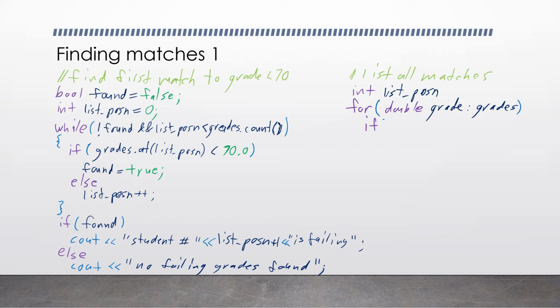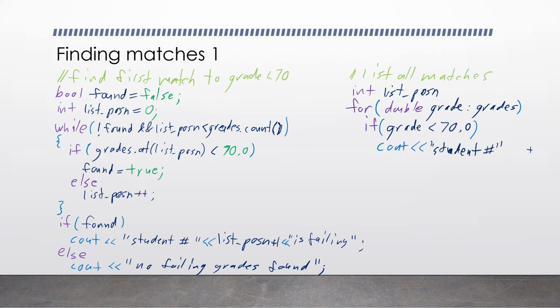if grade less than 70.0, we're going to cout student number plus plus.